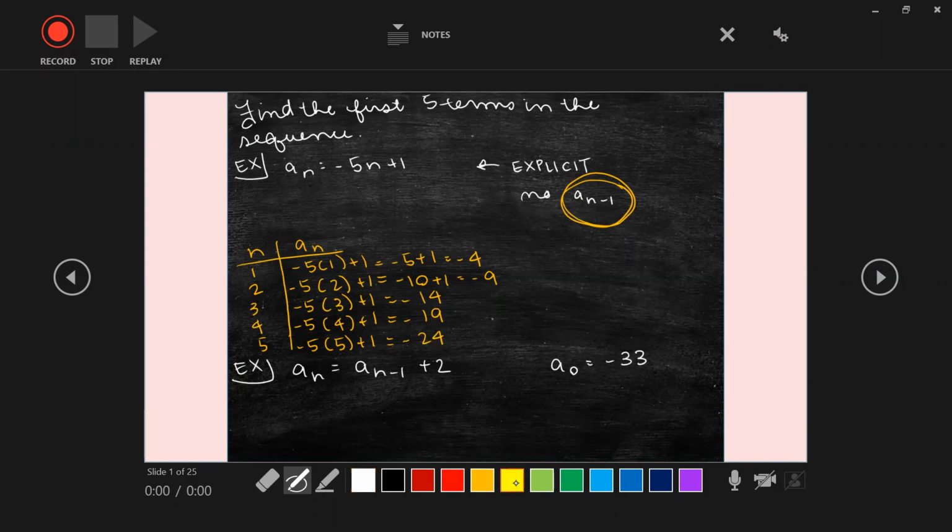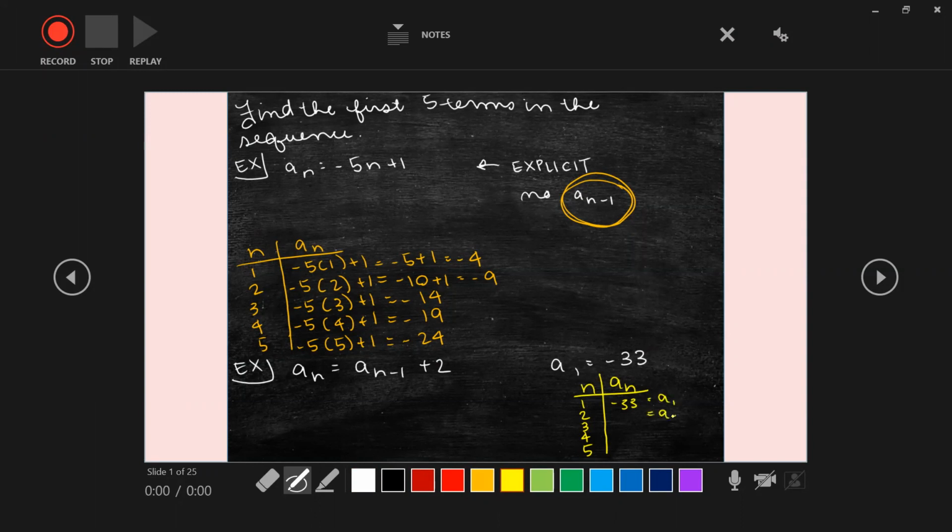So how does this work? Well, if I create a whole other n and a sub n category to have 1, 2, 3, 4, 5. Apologies, this is supposed to be a sub 1. Then I know that I can go ahead and put this first term as negative 33 because that is a sub 1, or my initial condition.